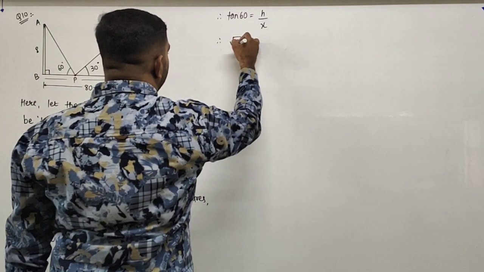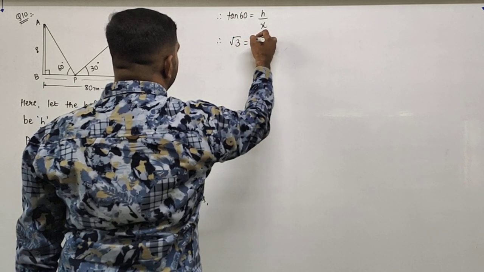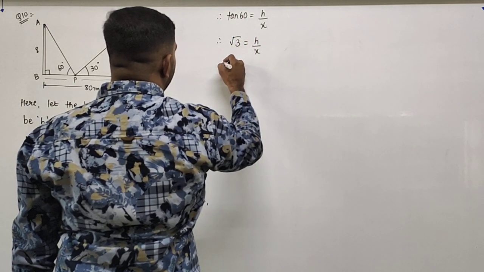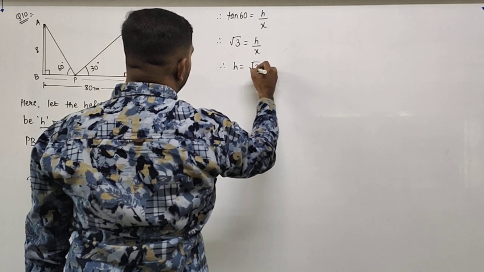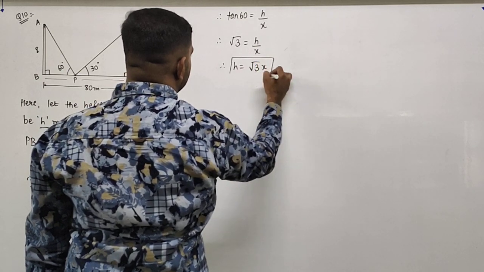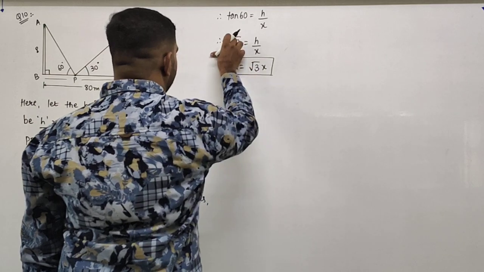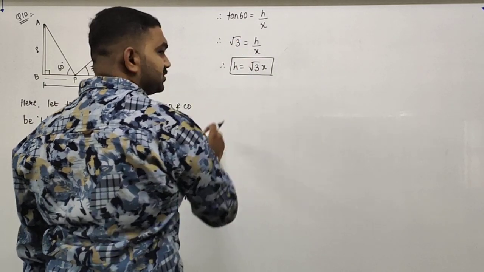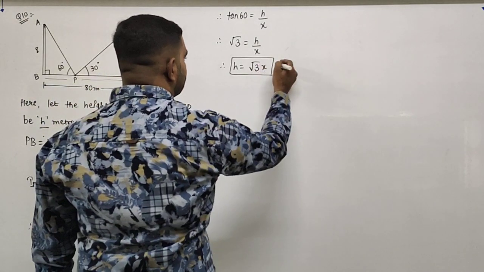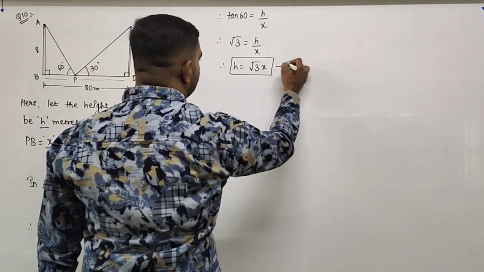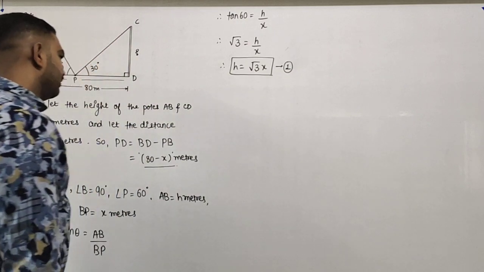Therefore, tan 60, that is root 3, is equal to h upon x, and hence h is equal to root 3 x. So we get the first of our relations, h is equal to root 3 x. That is relation number 1.